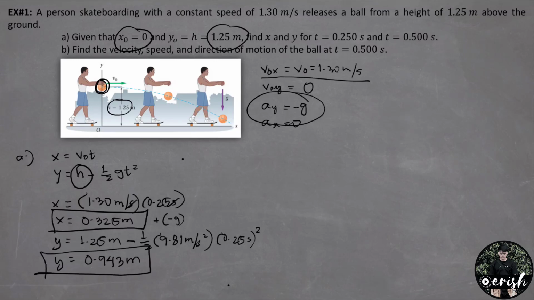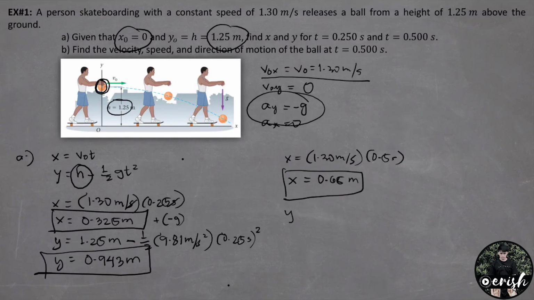For 0.5 seconds naman, same process ang gagawin natin. Babaguhin lang natin yung time. x is equal to 1.3 meters per second times time na 0.5 seconds. And by calculating, x is equal to 0.65 meters.